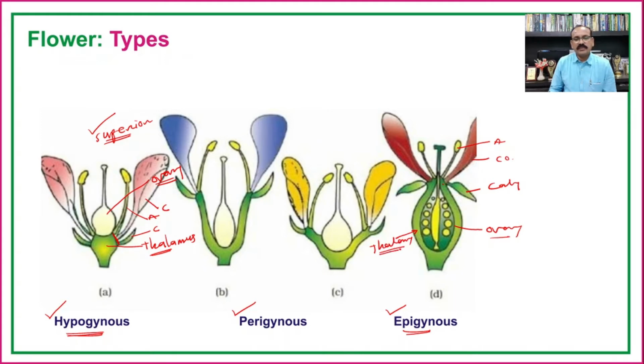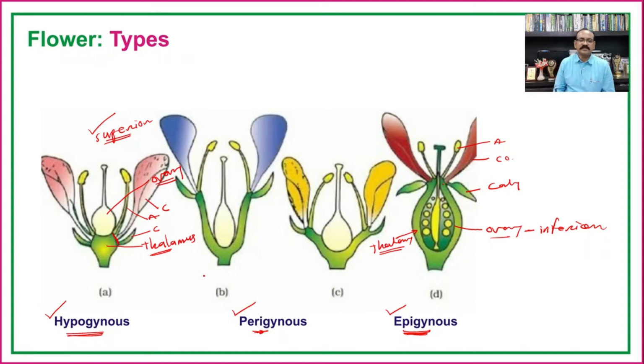So, such a type of position of the ovary in which the floral whorls are developing from above is known as inferior ovary, and the flower bearing the inferior ovary is known as epigynous flower. If the condition is neither hypogynous nor epigynous, then it becomes the middle, that is a perigynous type of condition.